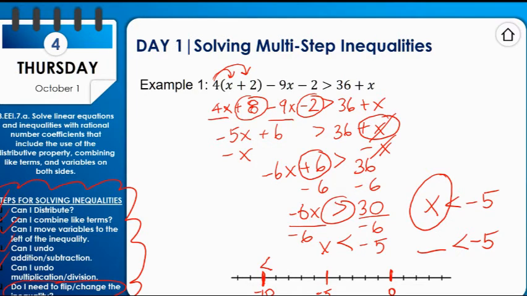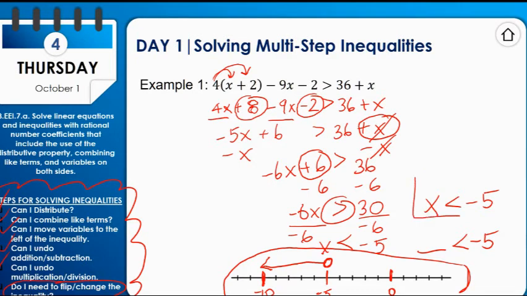So I know I'm coming in this direction. Open circles are greater than or less than. So at -5, I have an open circle. I want to move towards -infinity. All of the values from -5 towards -infinity are less than -5. This is my graph of the inequality. This is the inequality statement.